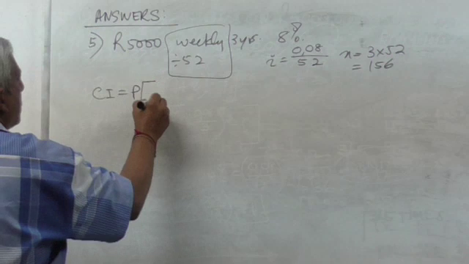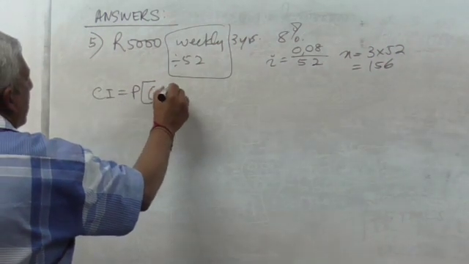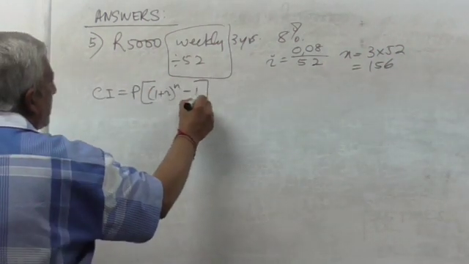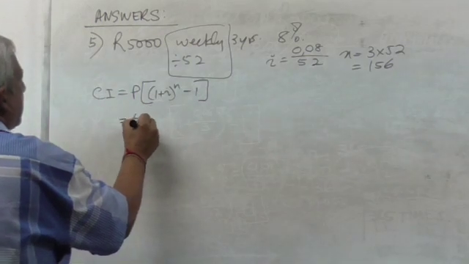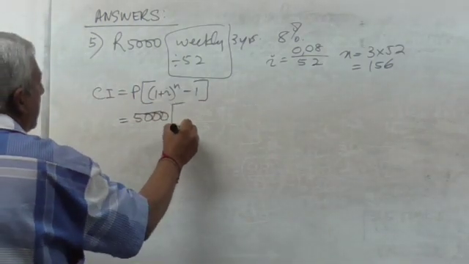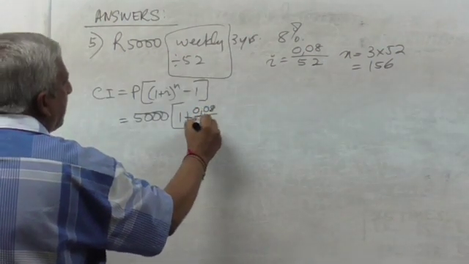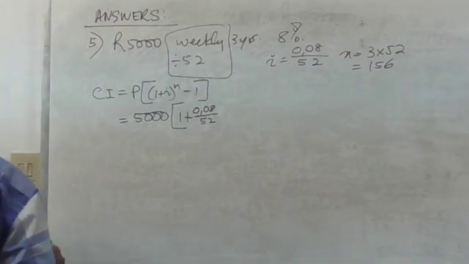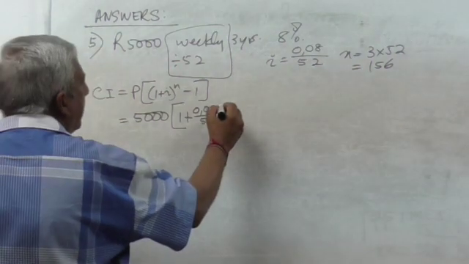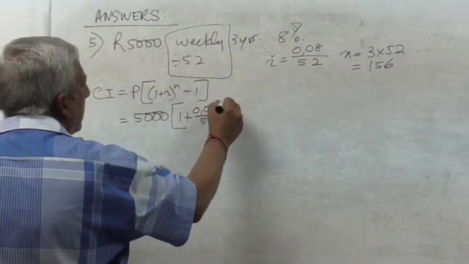So the compound interest is equal to P into 1 plus I to the N minus 1, close bracket. So your P is 5,000 into 1 plus 0,08 divided by 52, because we're doing number 5, which is weekly, and close that bracket.